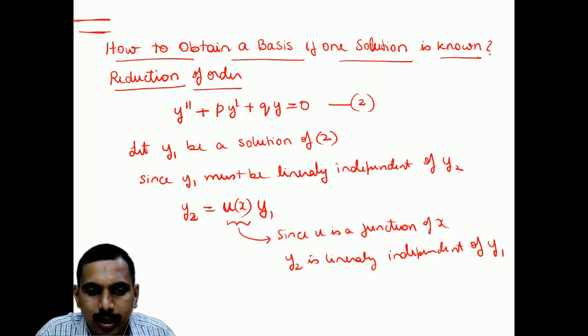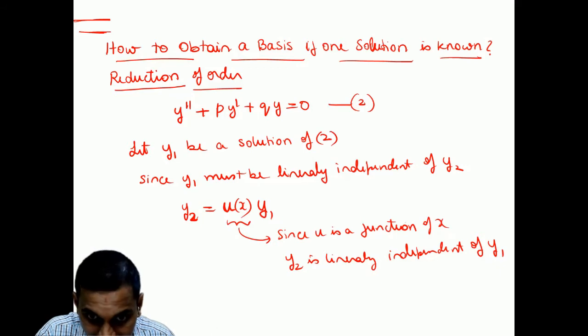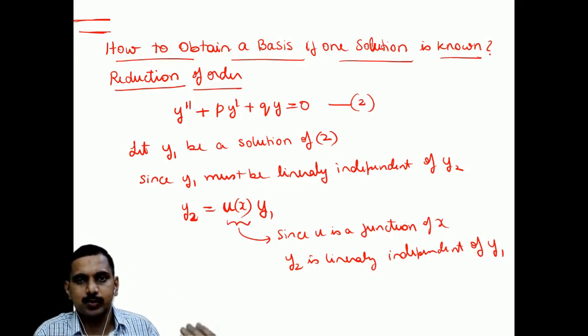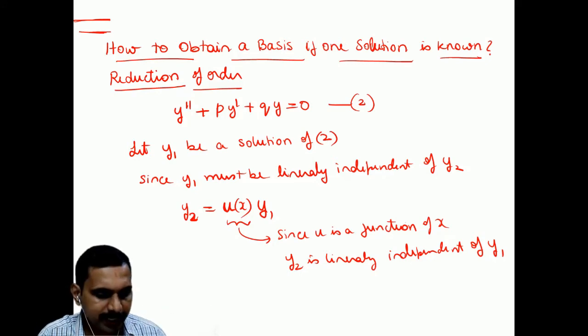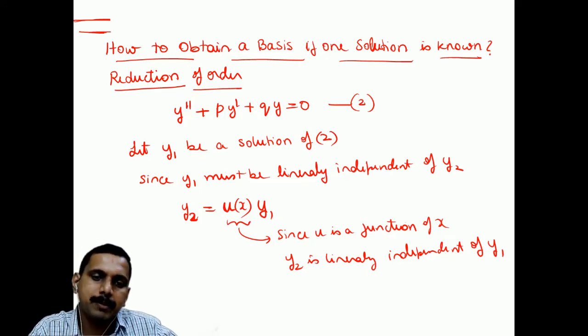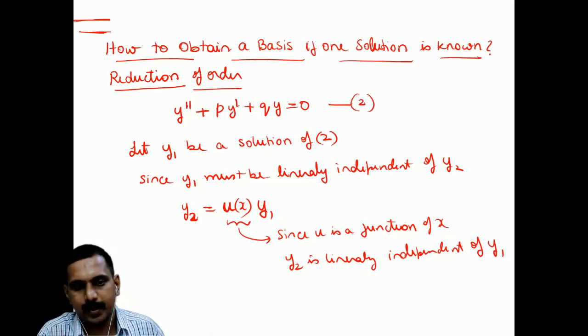So if y1 is known, we can find y2 as some function. What function, we will see. Write this down, students. Now the purpose has been reduced to finding u of x. Okay, let us do that.